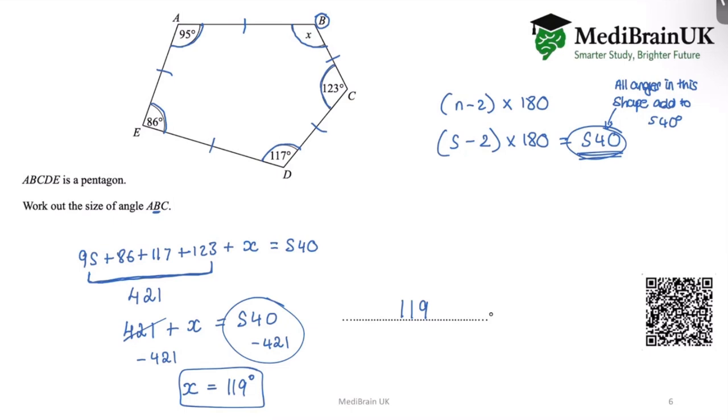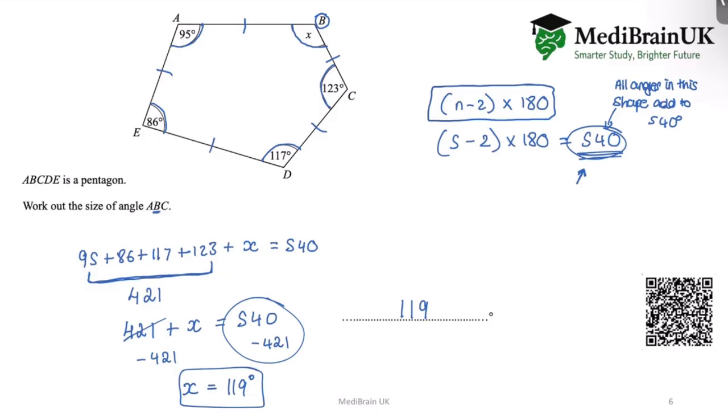So that's how you would work out a question like this. You're still using the same formula, n minus 2 multiplied by 180, and you're still working out what all the angles add up to. Then you use the angles you've been given to work out the missing value for x.